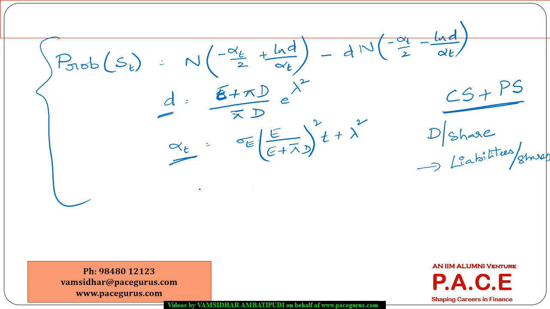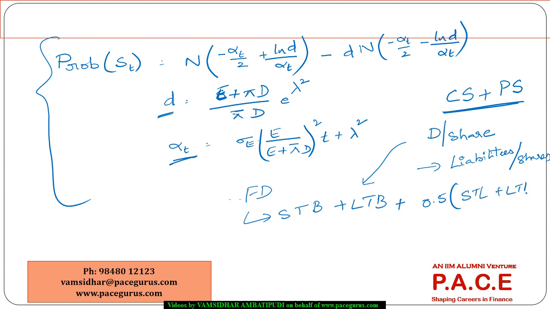And here I have to differentiate this concept of debt for financial firms versus non-financial firms. In the case of non-financial firms, when I'm talking about the financial debt, I'm looking at the short-term borrowings, long-term borrowings, plus half of all other short-term liabilities and long-term liabilities.